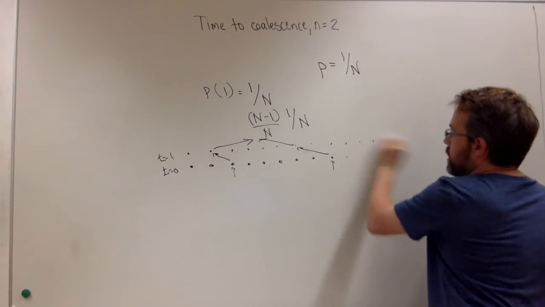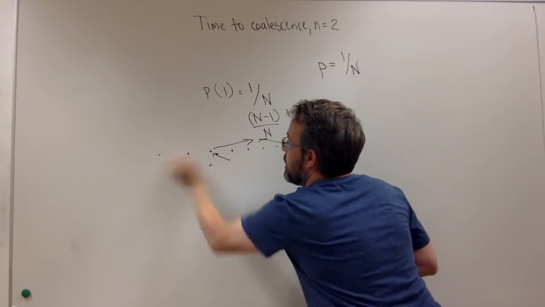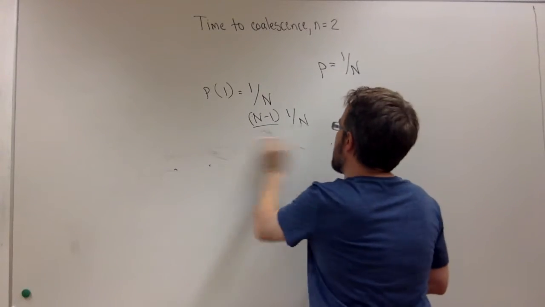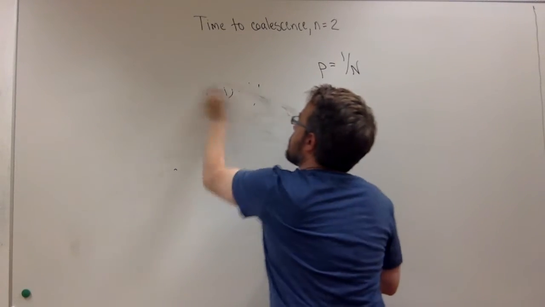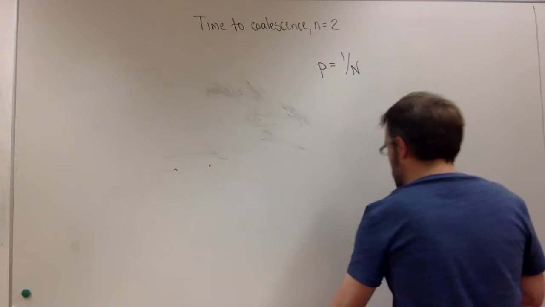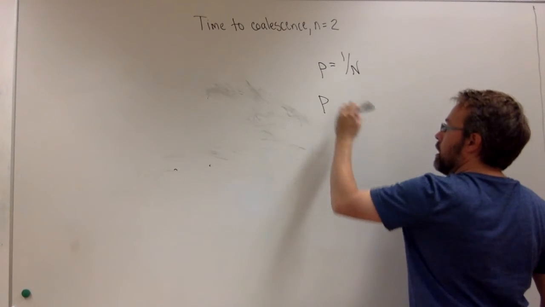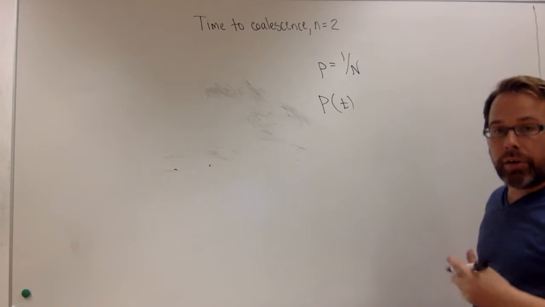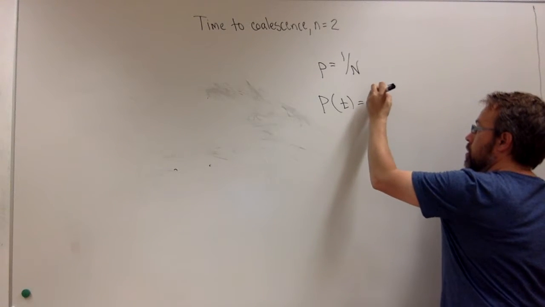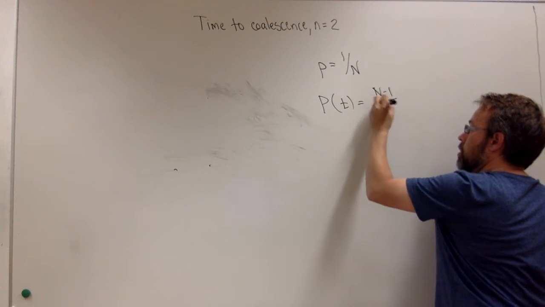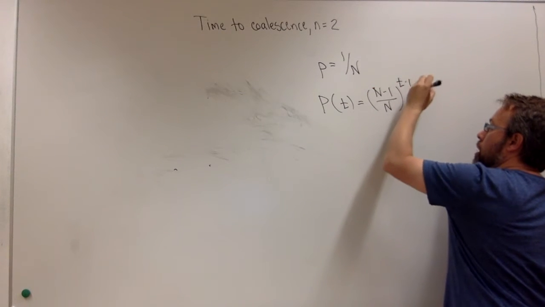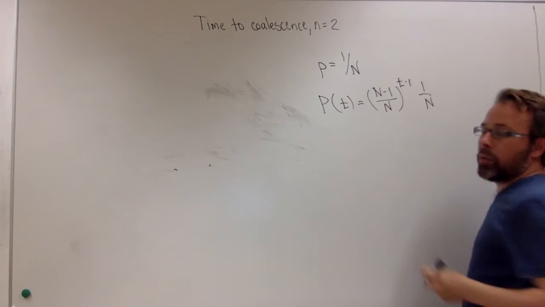And so we can, in general, write down the probability that they coalesced t generations ago as (n minus 1 over n) to the t minus 1 times 1 over n, just a classic waiting problem.